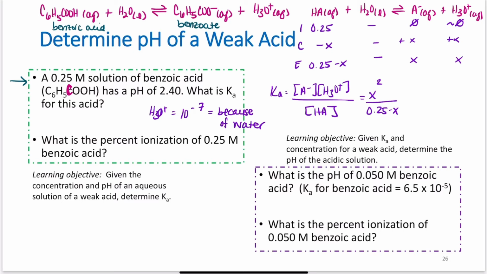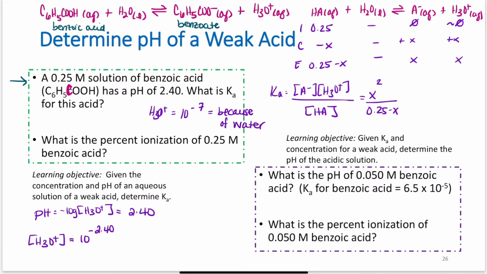I want to know that Ka value though. How am I going to find that Ka value? Well, I'm told that my pH is 2.4. If my pH is 2.4, I know that pH is equal to the negative log of the hydronium concentration. So I should be able to find my hydronium concentration and then plug that in to find my Ka value. So my hydronium concentration is equal to 10 raised to the negative 2.40.